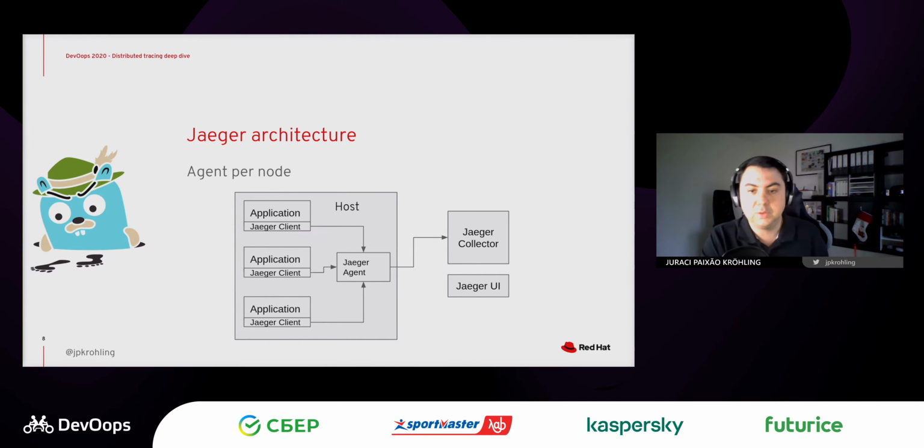But still, you want the collector to be isolated from everything else, including from the UI. That means that the collector has to store information in a permanent storage, perhaps Elasticsearch or Cassandra, and the Jaeger UI has to talk to the same data store to show data to users.